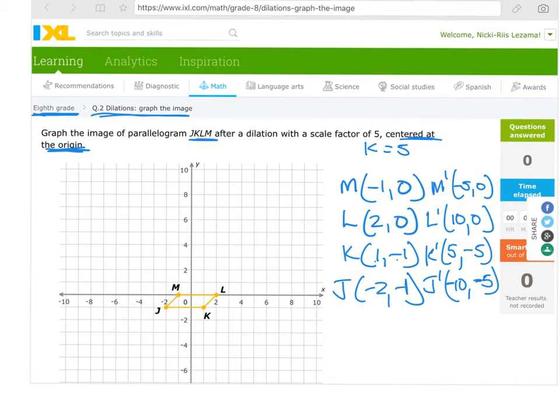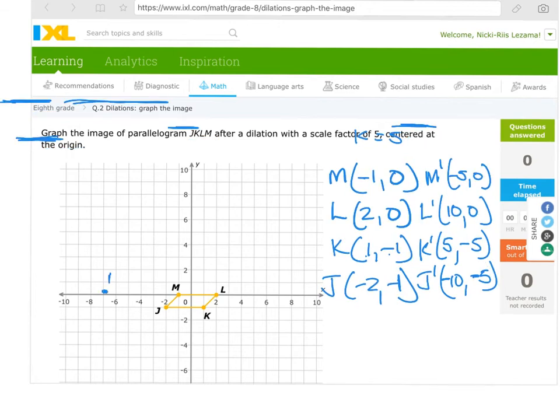So we're looking for minus 5, 0, so that gives us M prime. We're looking for 10, 0. That gives us L prime.